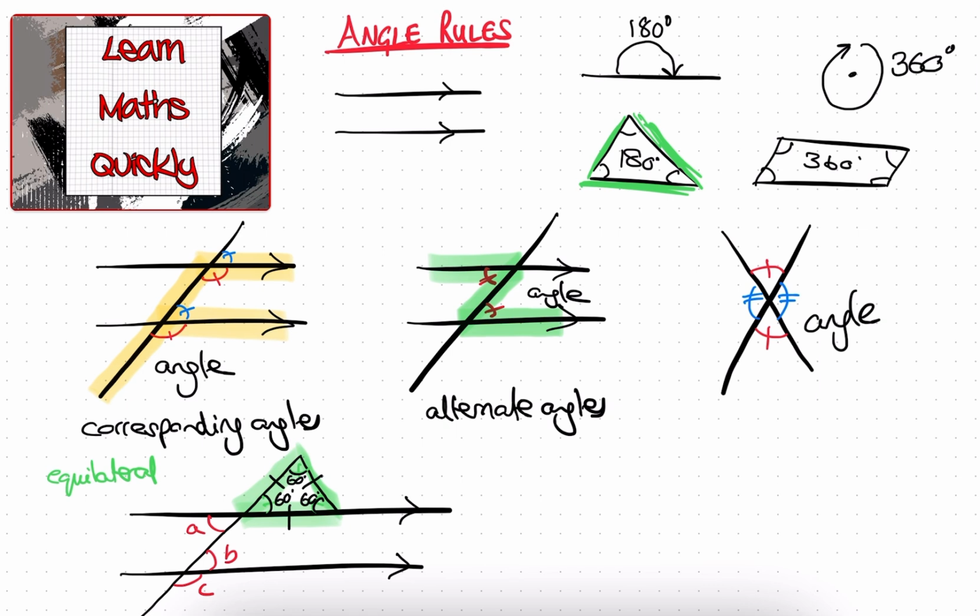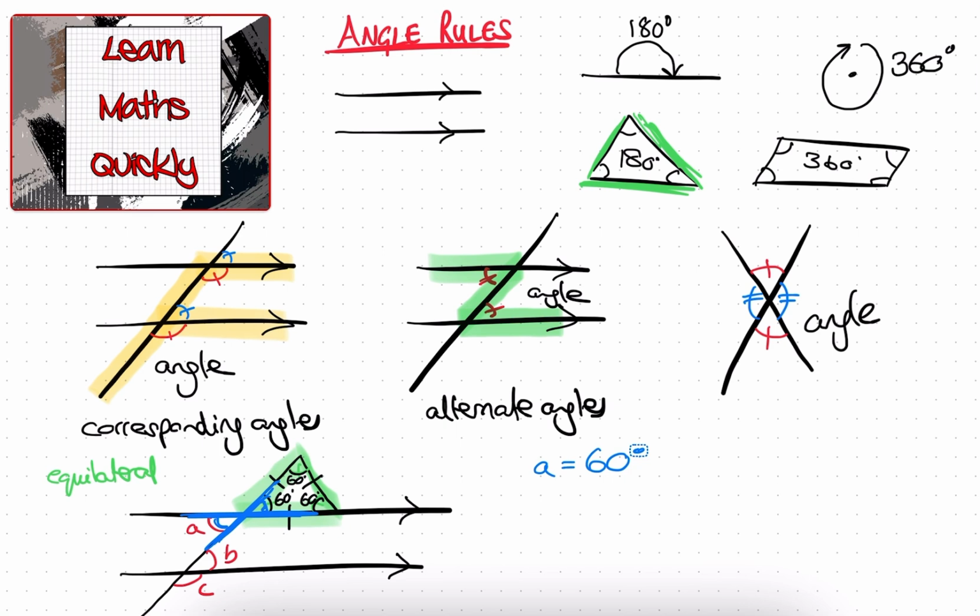So first thing I can see is that there's an X here. You can see where the blue lines are crossing there. Now that shows you that the A is exactly the same as the one opposite it, which is already found out as being 60. So we know that A equals 60 degrees.